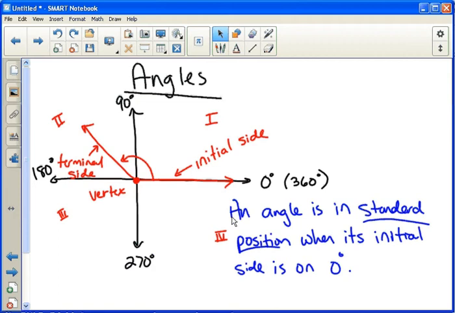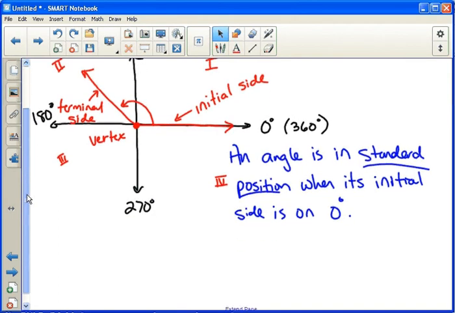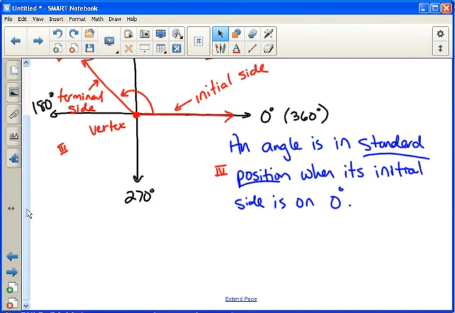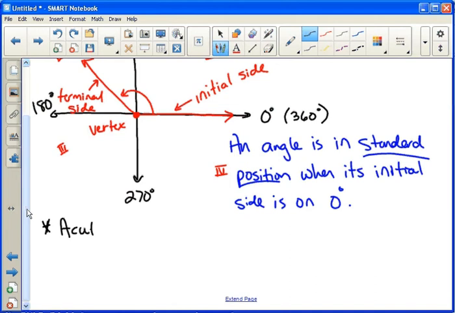Okay, so let's talk about different types of angles, and then we're going to look at how to graph a few of them on this. So first of all, an acute angle is an angle less than 90 degrees. A right angle equals 90 degrees.